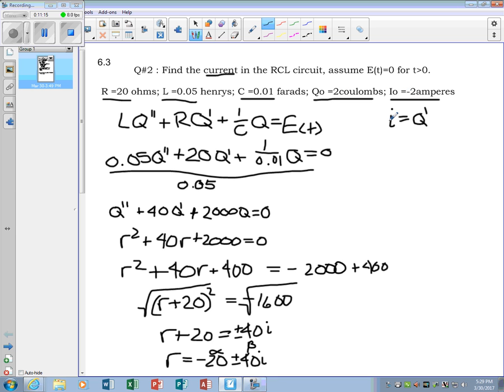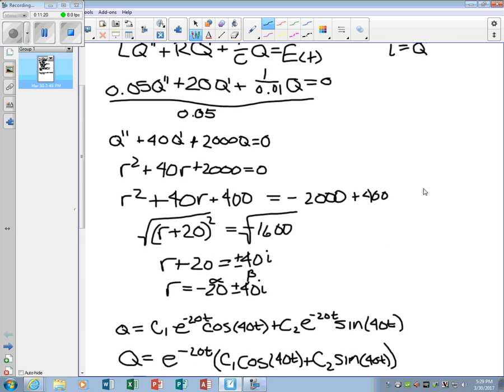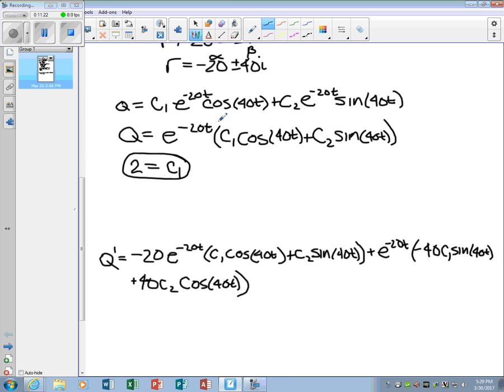And so we know that I is equal to the first derivative of Q. Next we're going to have to use this I in place of Q prime. So that's nice. We know that this is negative 2, and our time is equal to 0. So this is negative 20 times here.